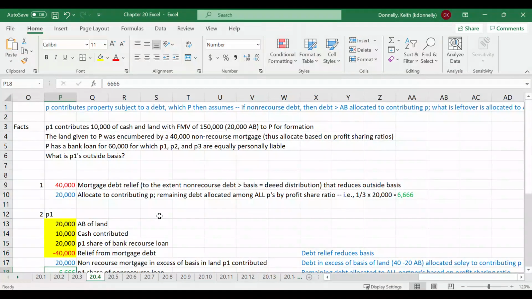Okay, so this example is kind of a staple. It builds off this as we go forward. So we have a partner, they contribute 10 grand cash and land with a fair market value of 150 and 20 adjusted basis. The land given to the partnership had a $40,000 non-recourse mortgage.